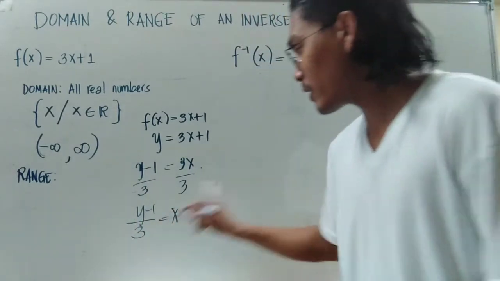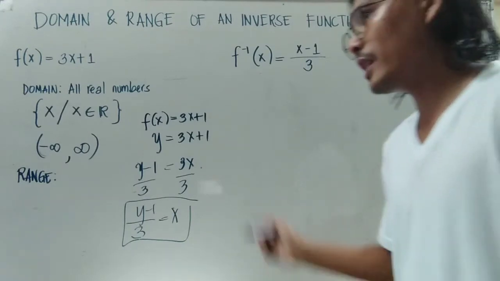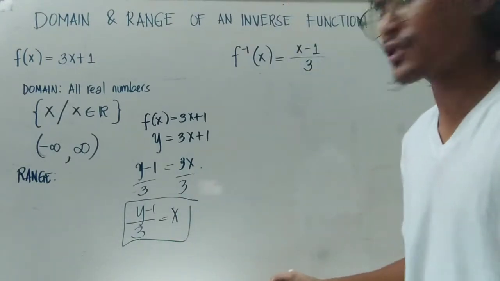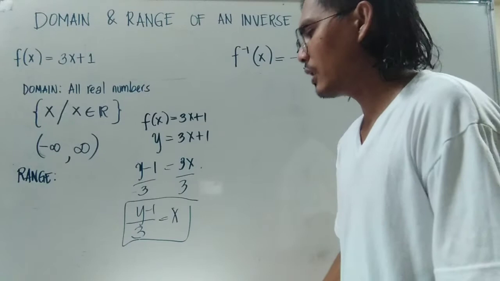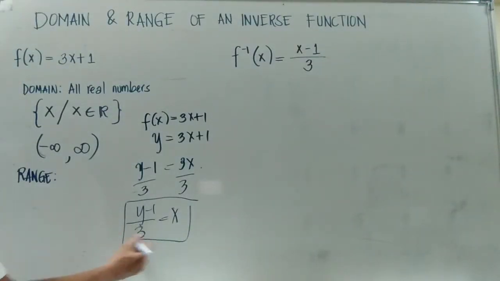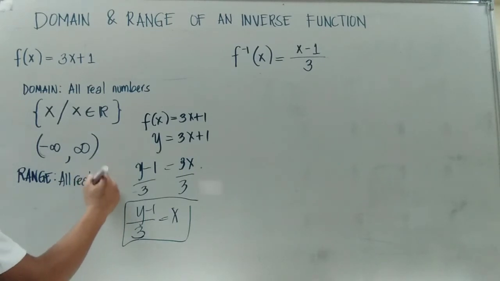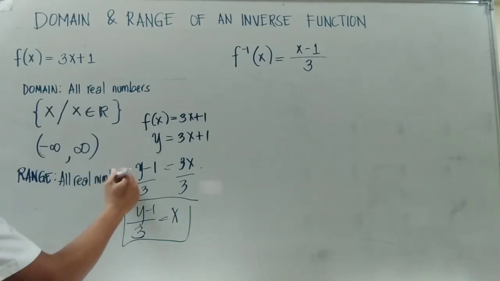The denominator is a whole number. There is no variable there. So we can say that there is no restriction on the denominator where this value becomes 0 or the rational function becomes undefined. So we can say that the range is also all real numbers.